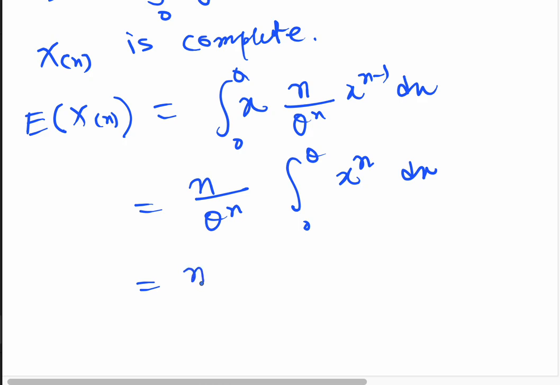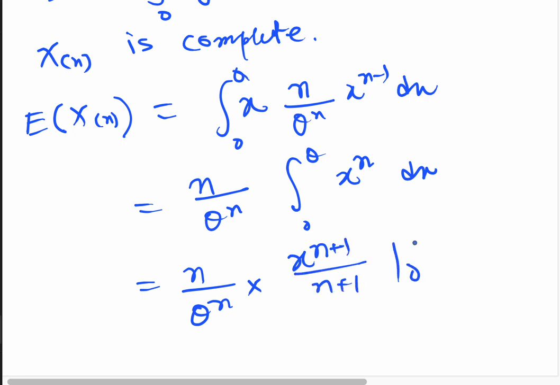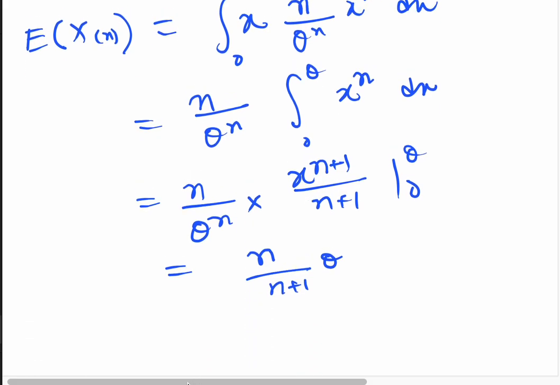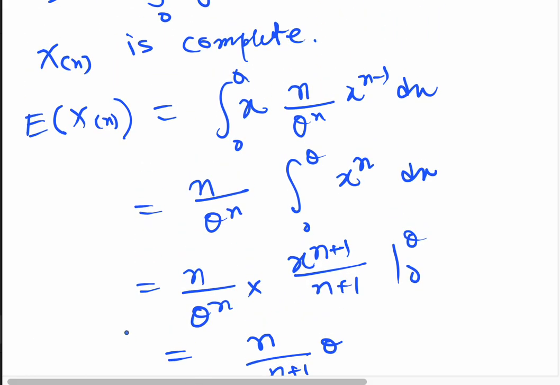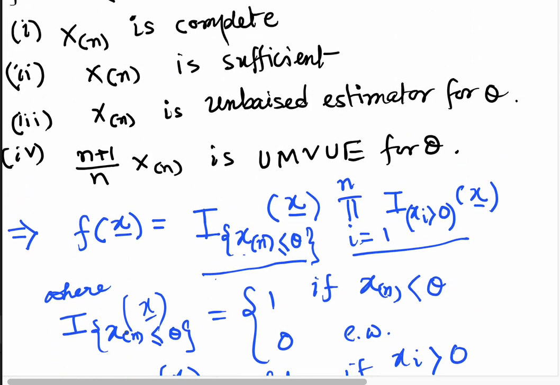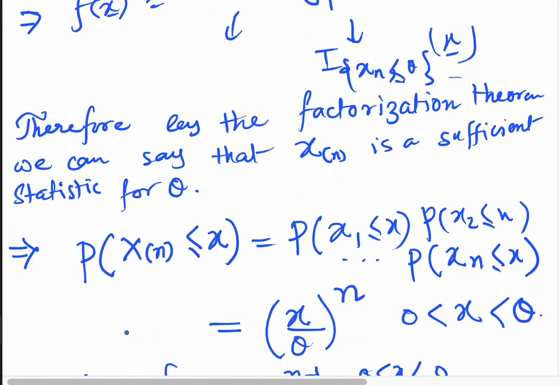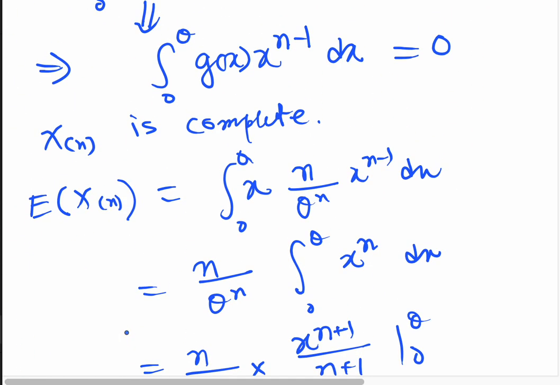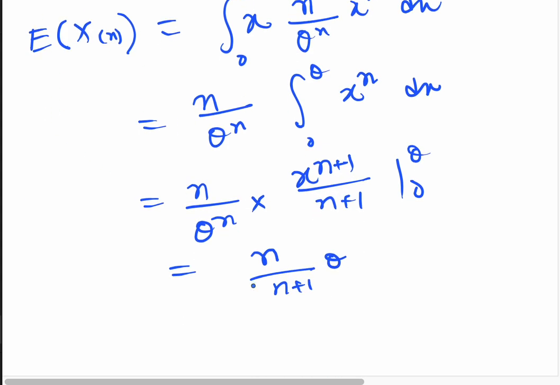So that will be n by theta to the power n into x to the power n plus 1 by n plus 1, from 0 to theta. So it will be n by n plus 1 times theta. So it is not an unbiased estimator for theta, because the expectation of X(n) is not equal to theta, so that means it is not an unbiased estimator.